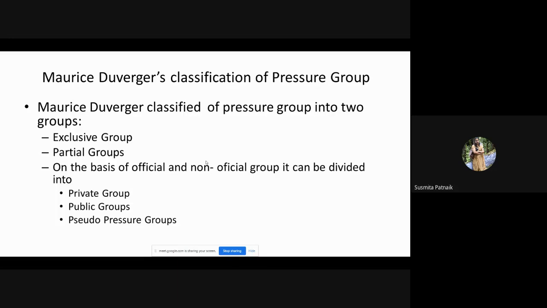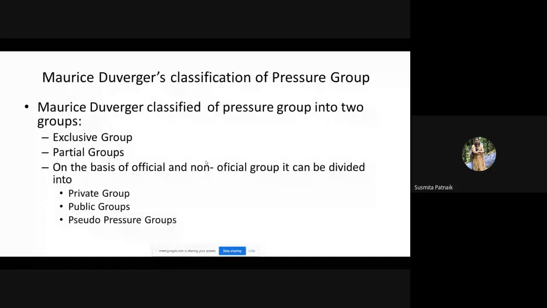They do not have to put pressure upon the political system, but they are only formed in order to promote the interest of their members. So on the basis of putting pressure and on the basis of promotion, Dowse has classified these groups into two categories: exclusive and partial groups.